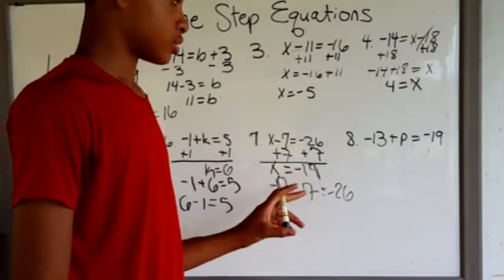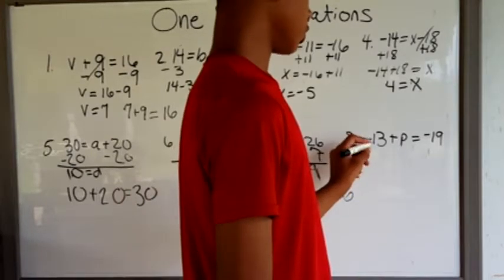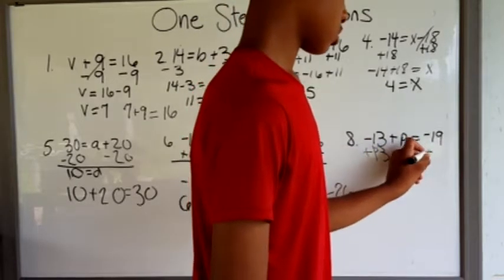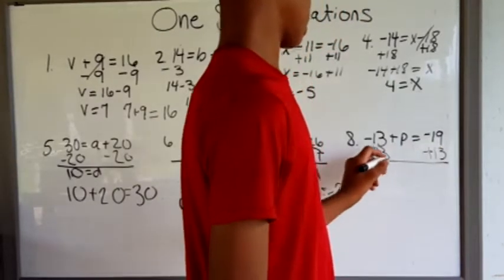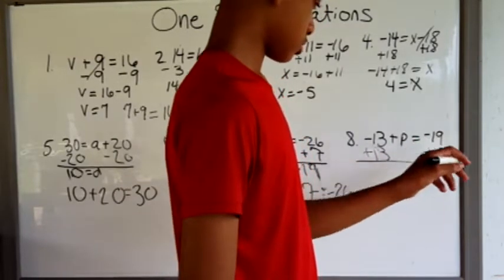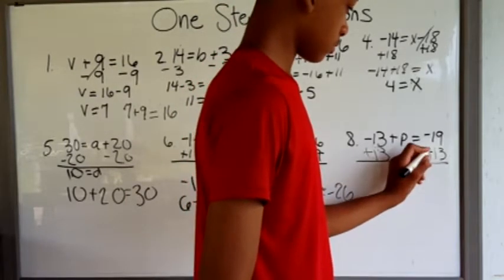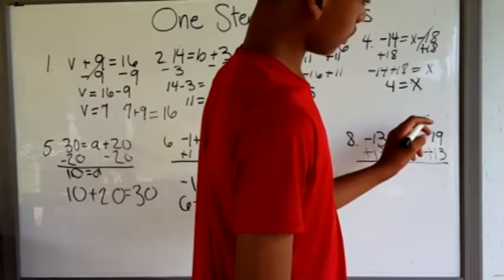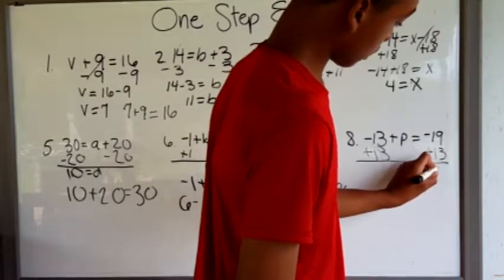Alright, so number 8 is negative 13 plus p equals negative 19. So you add 13 to both sides. And so negative 19 plus 13, which is going to equal... wait, no, so yeah, negative 19, and then you do 19 minus 13.